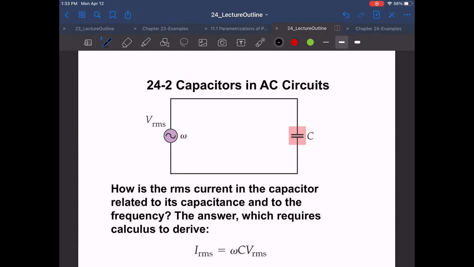Okay, and so here what we have is the root mean square of the current in the capacitor, and we have it related to the frequency. So if you look at this right here, that's an important one. The root mean square of the current is equal to the angular frequency, which is 2 pi f, times the capacitance times the root mean square of the voltage.